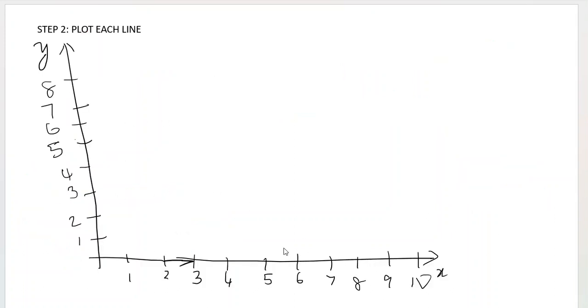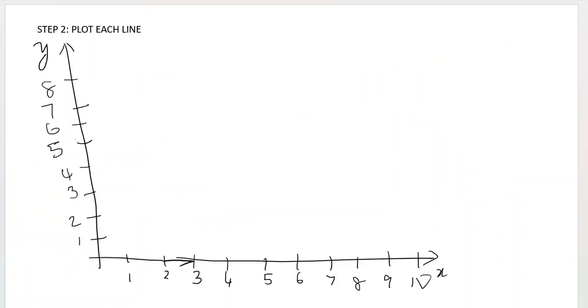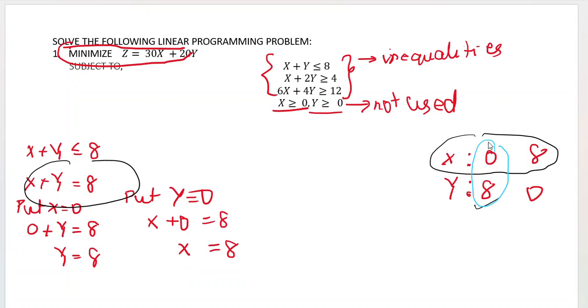If you observe, the first point is x 0, y 8. The point always has to be taken vertically. So when x is 0, y is 8 is here. This is the point. Similarly, the second point is x 8 and y 0.